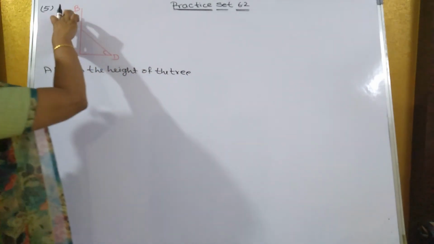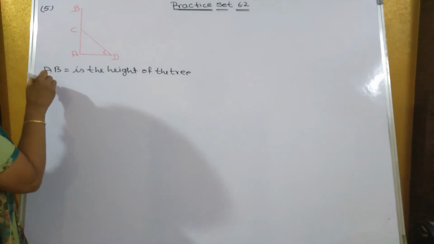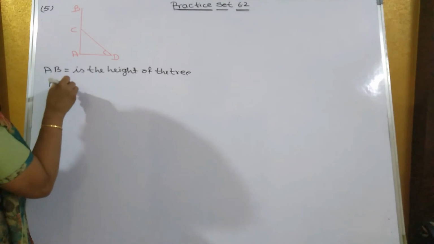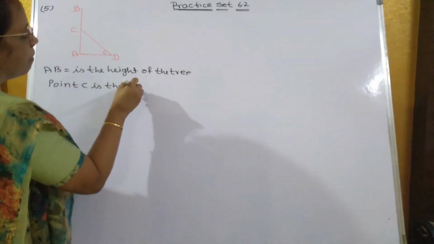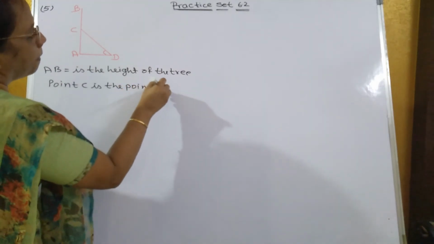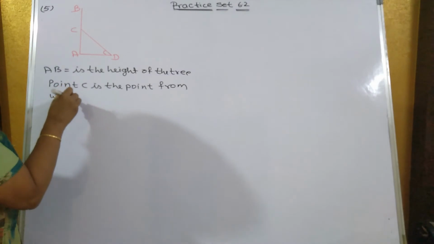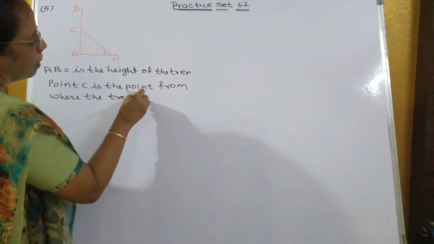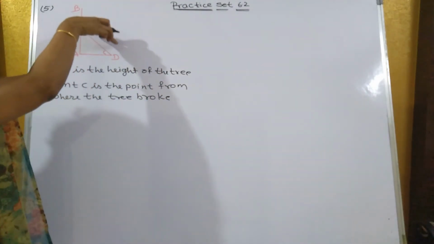So this is the tree and the tree broke at the position C. So tree broke, point C is a point from where the tree broke. So BC broke and went and fell on the ground.